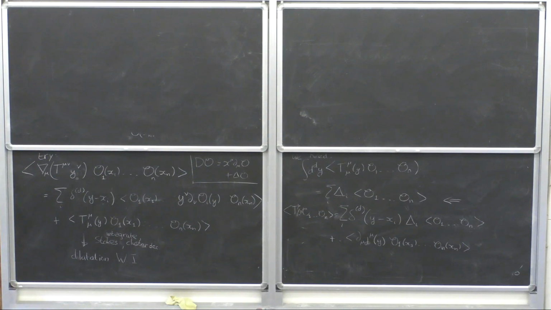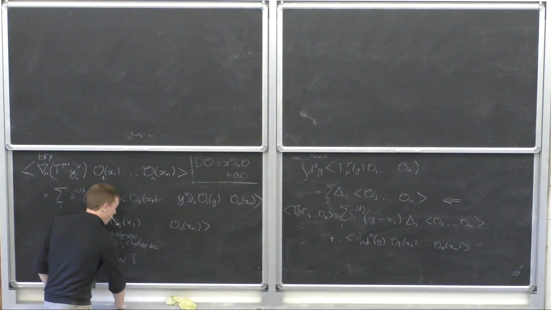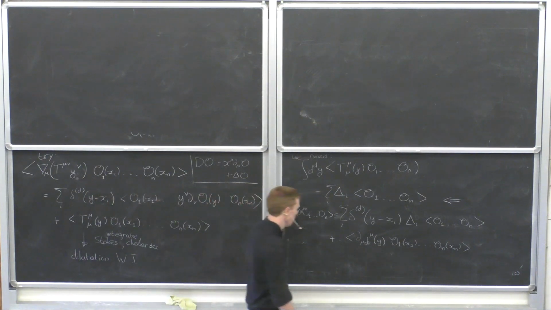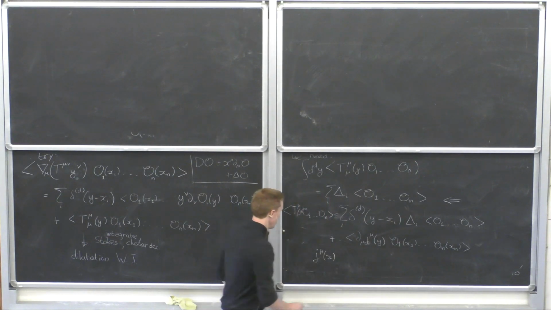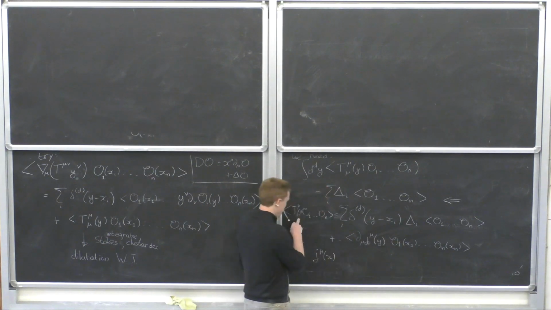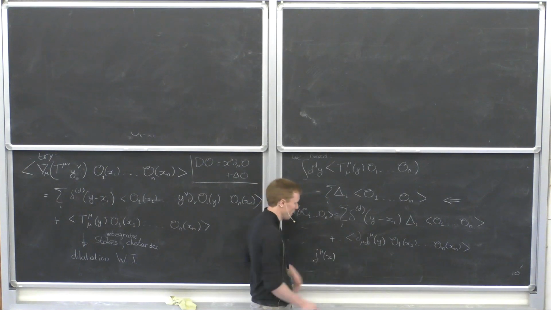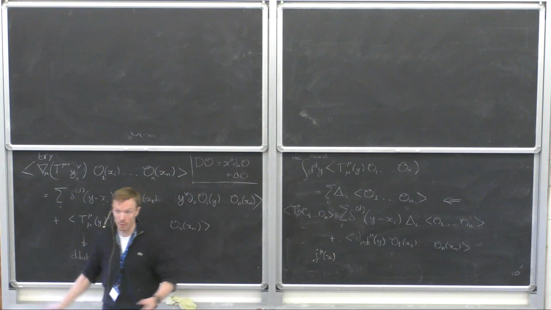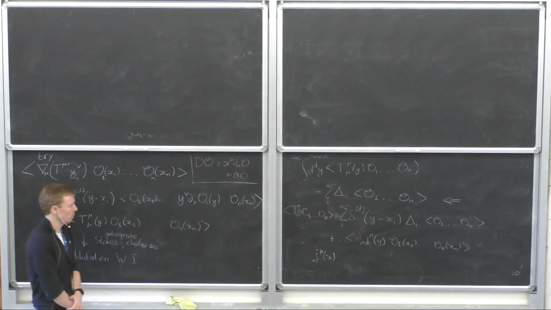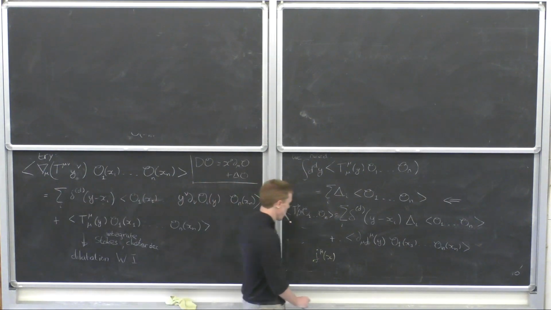This is a problem, but I'll come to the problem later. Let me first say that if the stress tensor is not quite zero away from contact points, this J can be just your regular operator. It can just be zero away from contact points. So J_μ is just in the list of operators.